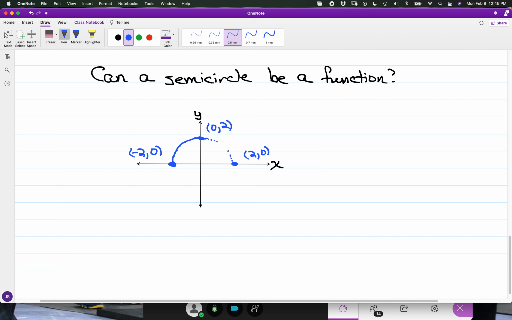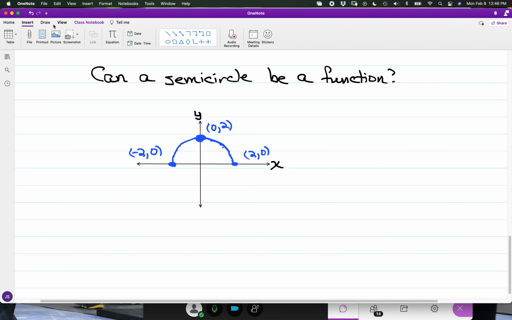Again, the topic of circles is in the realm of Math 172, but we're just looking at the features of circles and semicircles through the lens of the vertical line test and whether the graph represents a function.